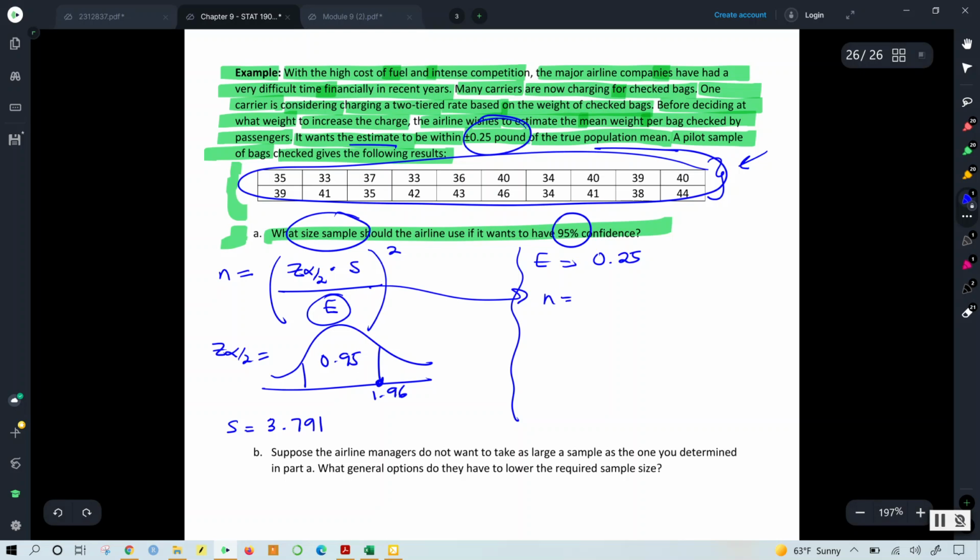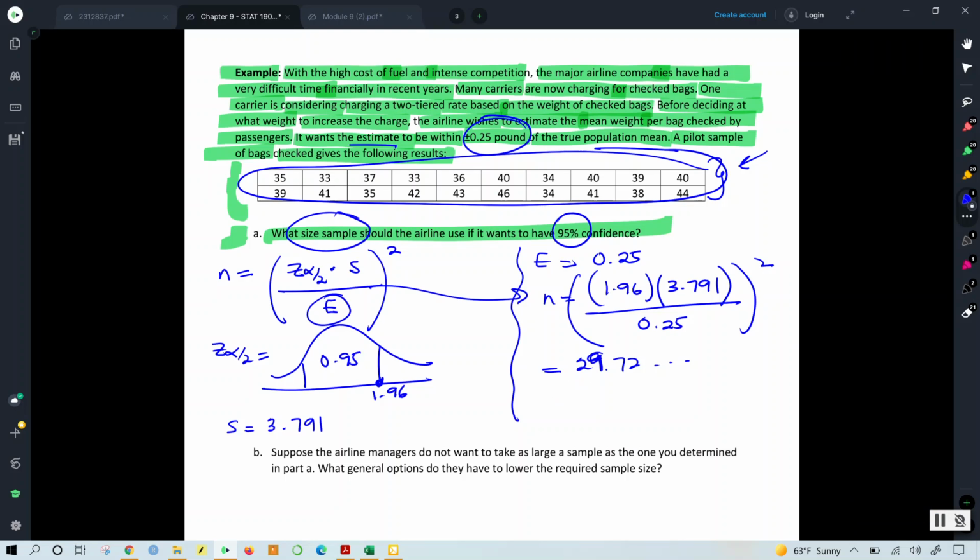Using the formula, N is equal to 1.96 multiplied by S, which is 3.791, divided by the margin of error, which is 0.25. And after that, we're going to square the answer we get. This will be approximately equal to 29.72 and so on.